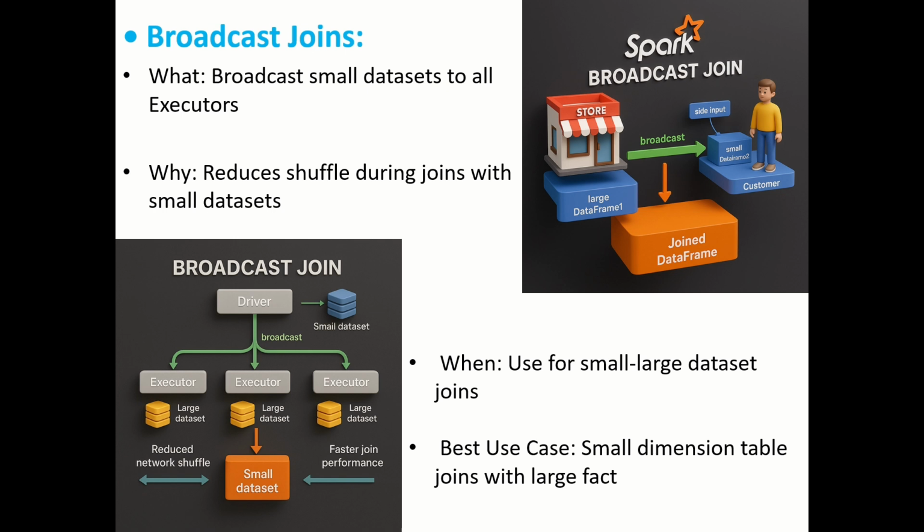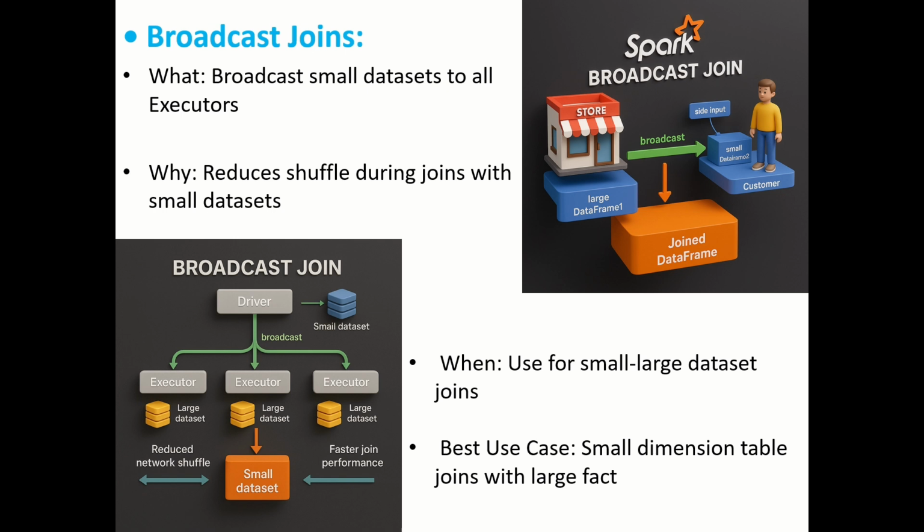So suppose this is a 10 MB file, and you have large data which is maybe 50 GB. The 50 GB may be divided across the three executors in different partitions. You can calculate by default number: it's 128 MB per partition.